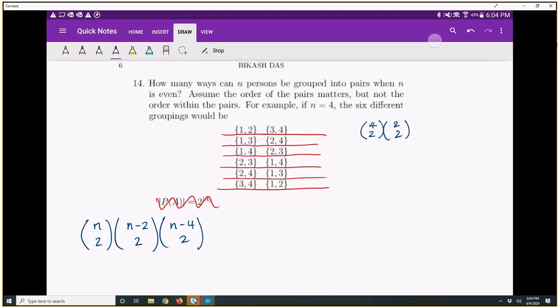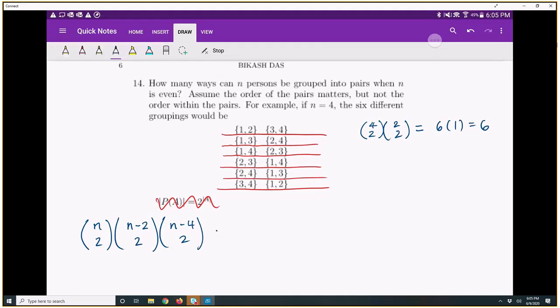As in the case of 4, I can't have 0 choose 2. That doesn't make any sense. So I have to stop here at 2 choose 2. And if I calculate this number, this should be 6 times 1, which is 6, and that's exactly what we found.